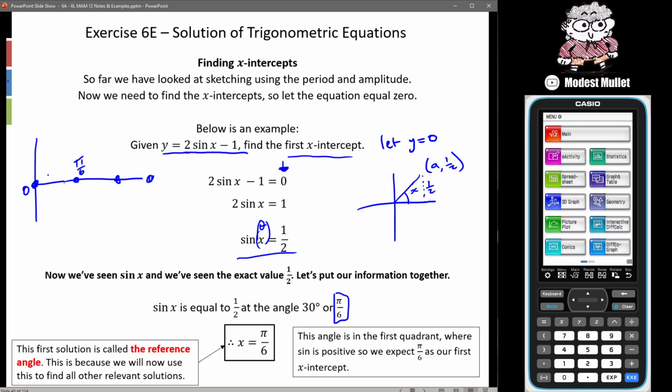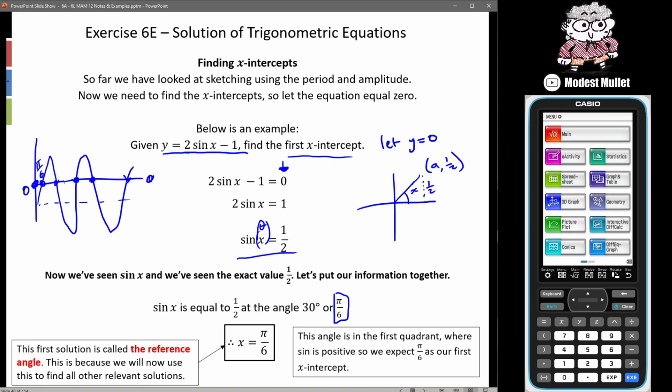So technically this graph would actually be something like that. There's that first one, pi on 6. We're going to have more intercepts.